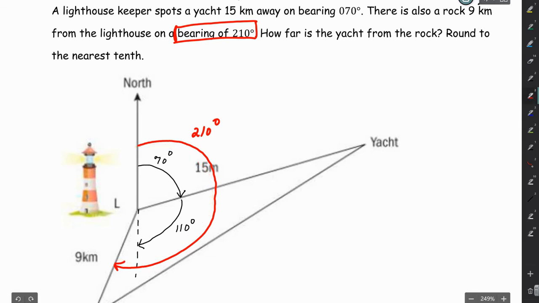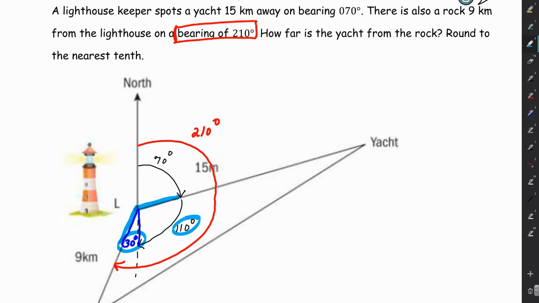All right, so let me just put a little note in here. I'll do that in blue. This piece right here, that's 30 degrees. All right, so this entire angle then, we can really clearly see because we've done a good job of sketching this out, that blue angle is going to be 110 plus 30.